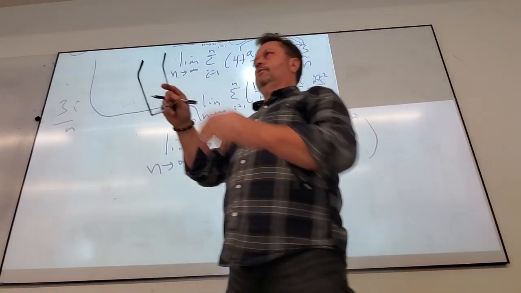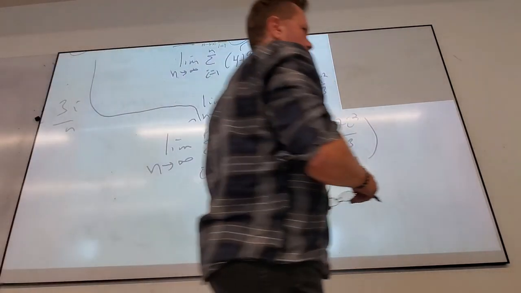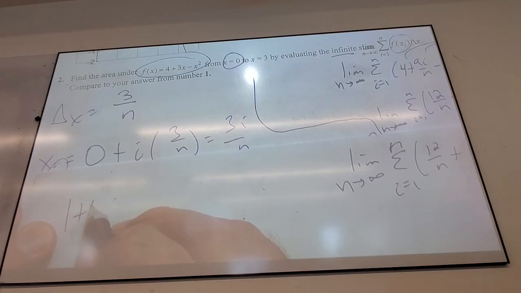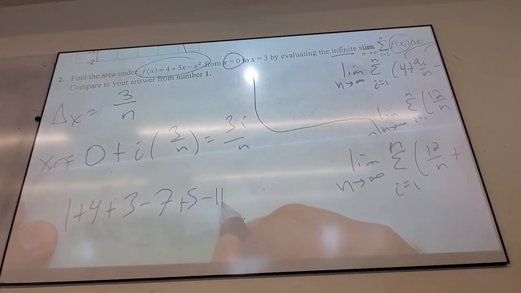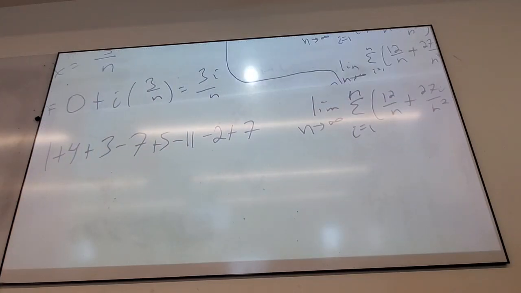Now, let me ask you this. Quick little side note. If I had to add a bunch of these numbers, if you wanted to, couldn't you add up all the negatives first?